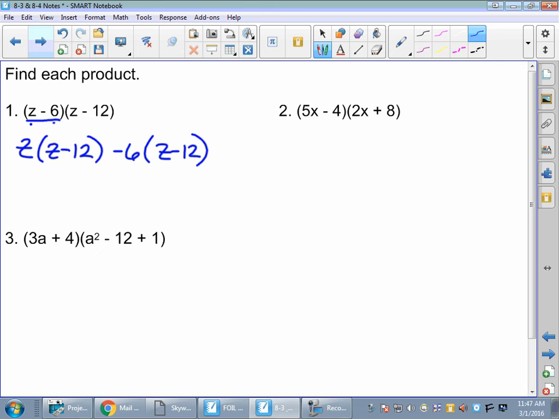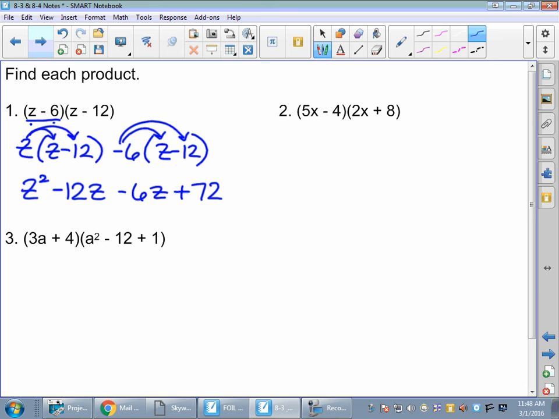And so now we just do some repeat distribution. z times z is z squared. z times negative 12 is negative 12z. Again, be careful with your signs, your numbers, and your exponents. When I multiply through the negative 6, negative 6 times z is a negative 6z, and a negative 6 times a negative 12, negative times negative makes a positive, and 12 times 6 makes 72.